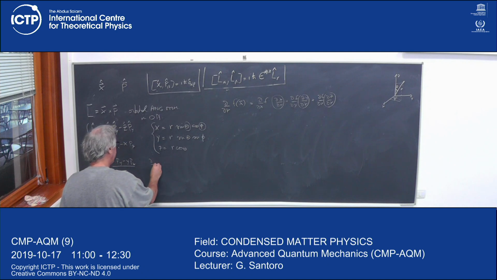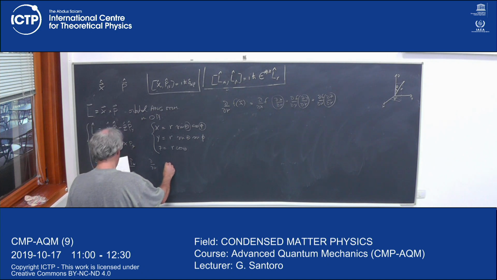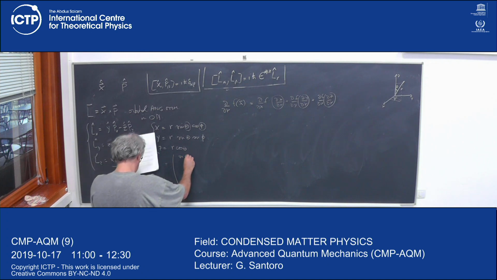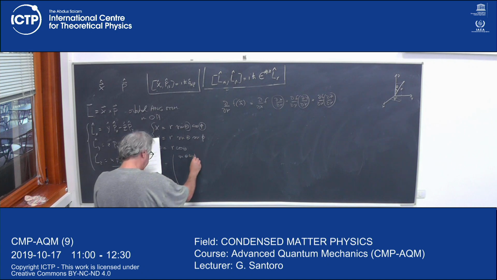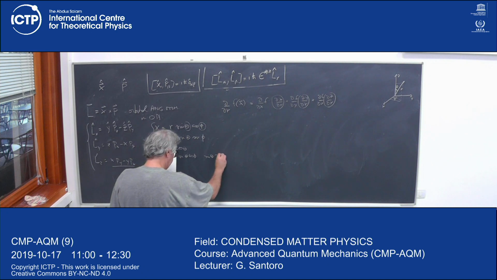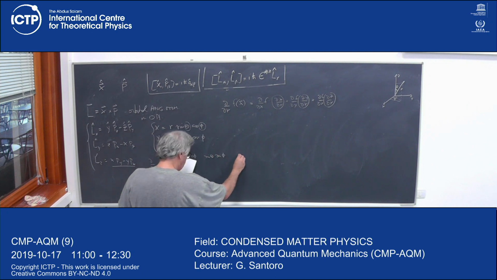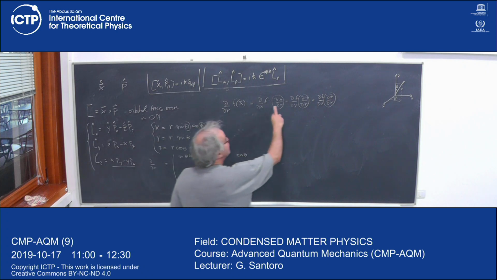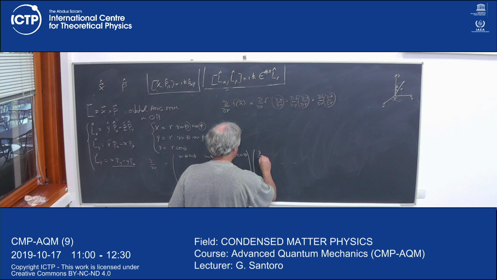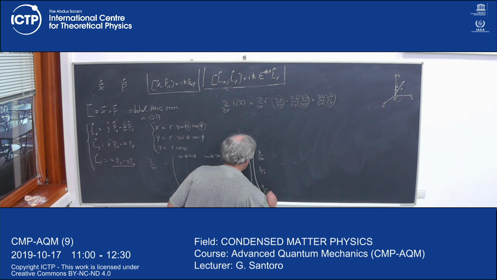The derivative with respect to r of anything can be written as sine theta cosine phi, sine theta sine phi, and cosine theta, because these are the three derivatives that you have there, times derivative with respect to x, derivative with respect to y, and derivative with respect to z.